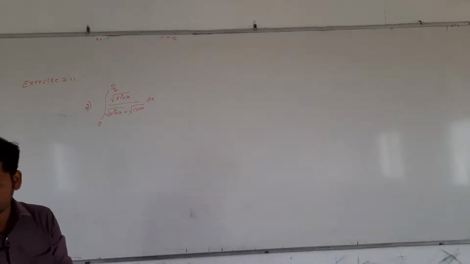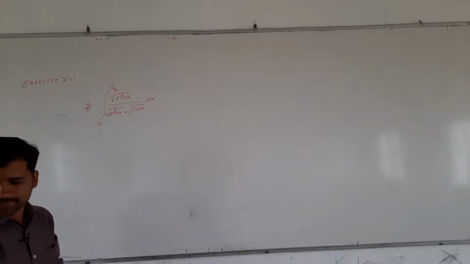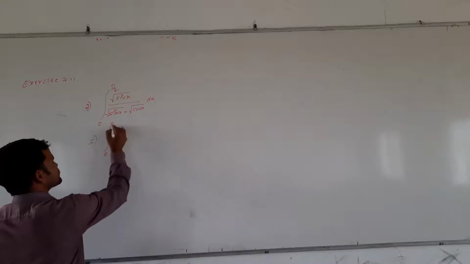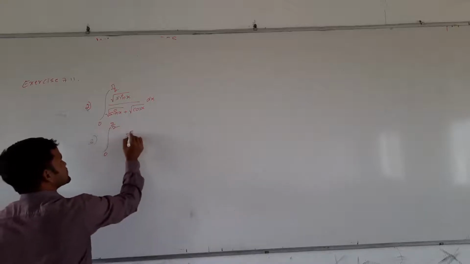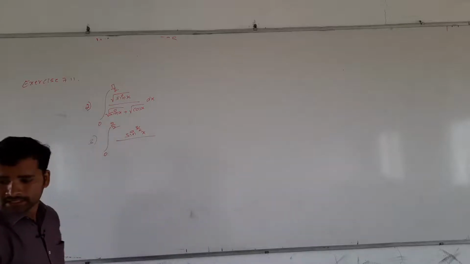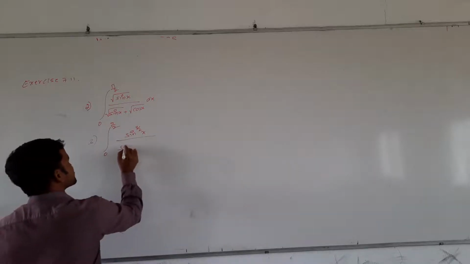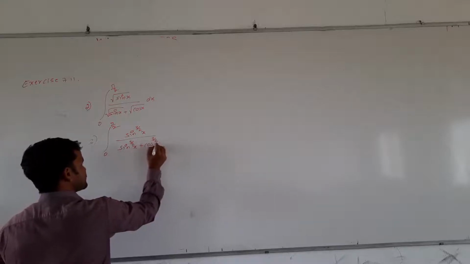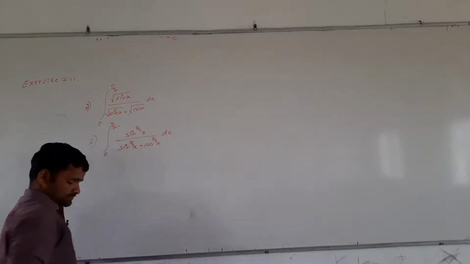Question number 3 also, just the power is different there. Question number 3, it is given integrating from 0 to pi by 2 sin raised to 3 by 2 x by sin raised to 3 by 2 x plus cos raised to 3 by 2 x into dx.